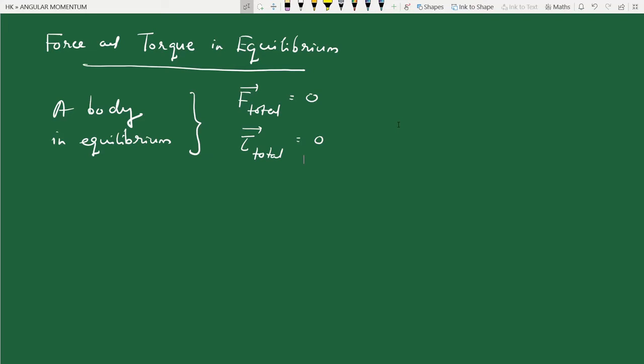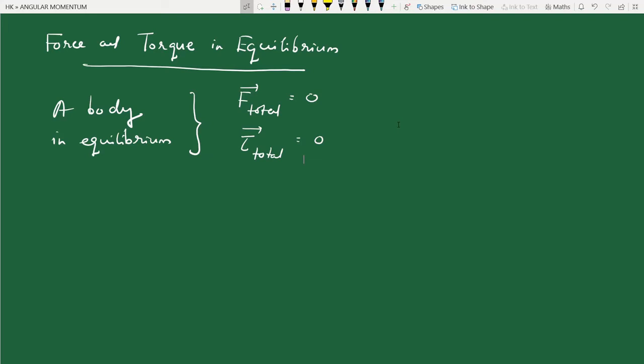Because if we choose this point as the origin or the reference point for calculating torque, then there may be some 2 or 3 forces acting on that point. If we choose that point itself as the origin, what is the torque due to the 2 or 3 forces acting at that point? 0, because torque is R cross F, right?